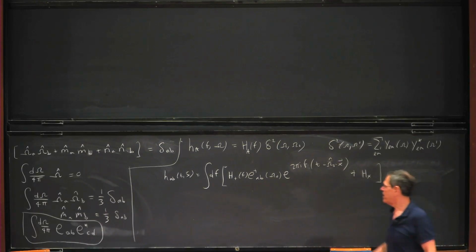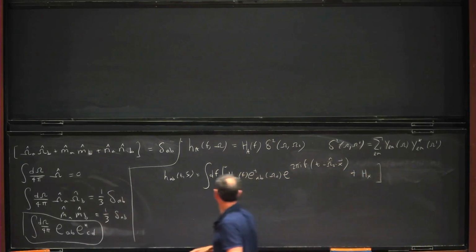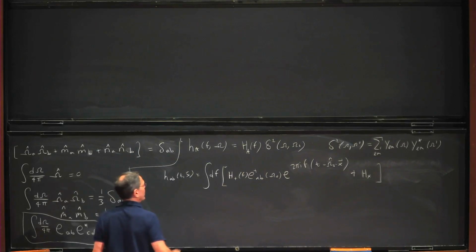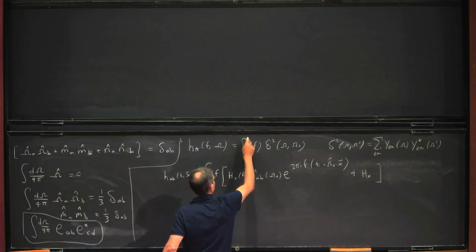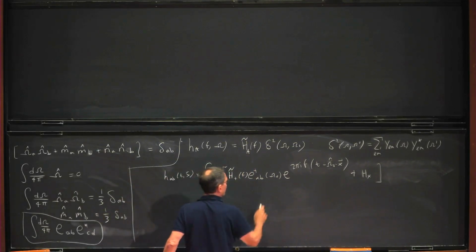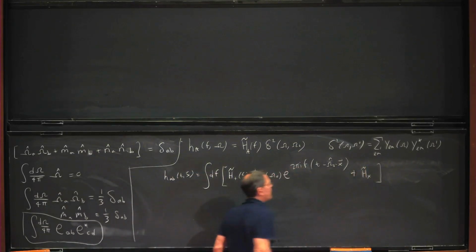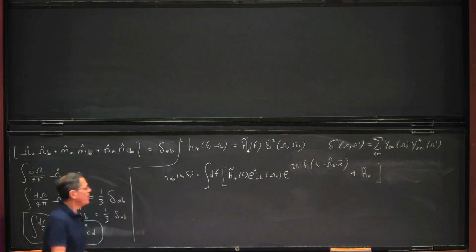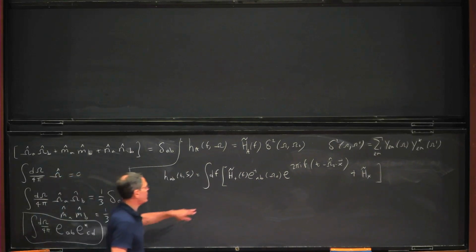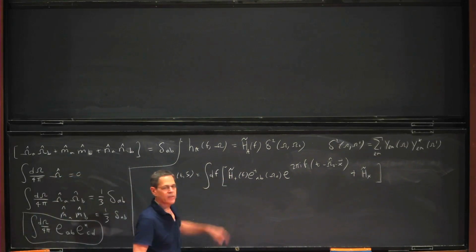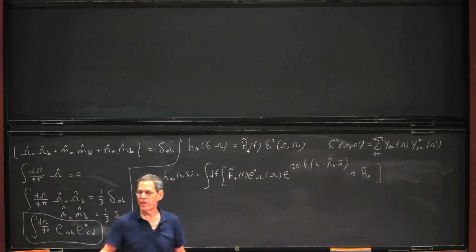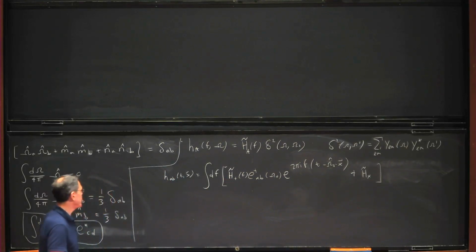I'm going to put a bit more consistent with what Teja was doing yesterday, a twiddle over the h's here. If you think about this, you'll recognize that this is just a Fourier transform of h tilde of f. And this, by the way, is the reason why we need both positive and negative frequencies.